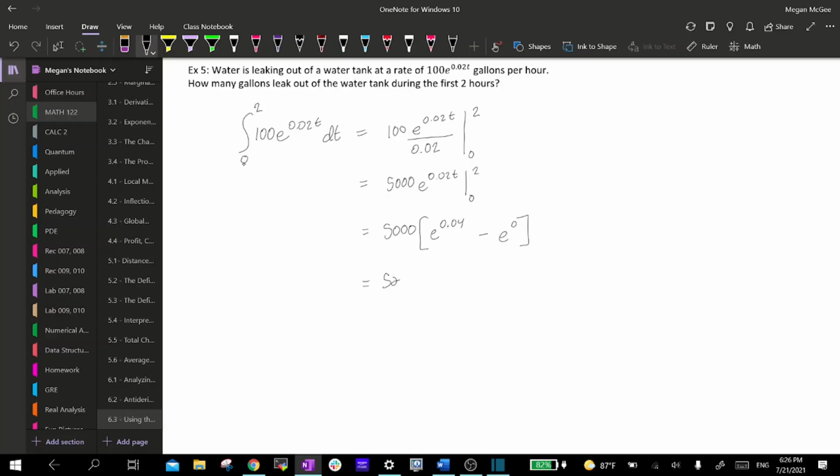So we have 5,000 times 1.041 minus 1, which gives us 5,000 times 0.041, which gives us 205 gallons. All right, so 205 gallons leaked out of the water tank during the first 2 hours of the leak.